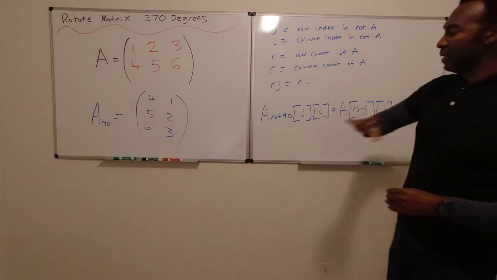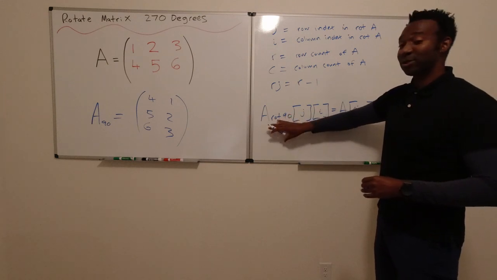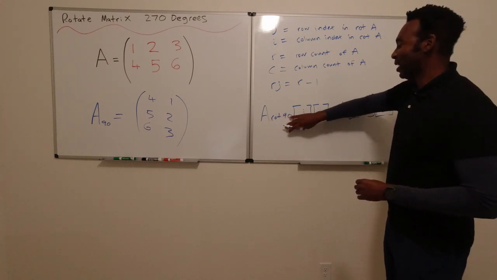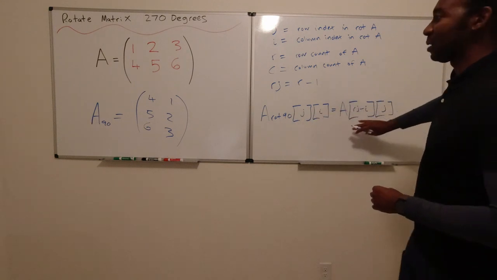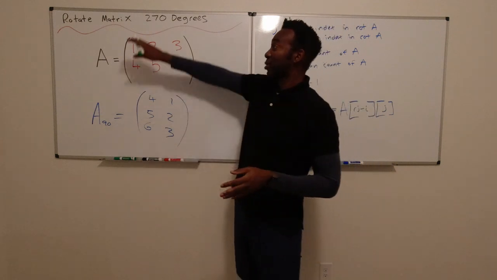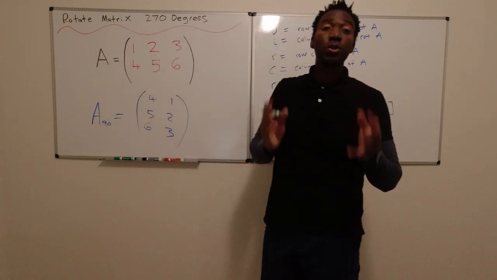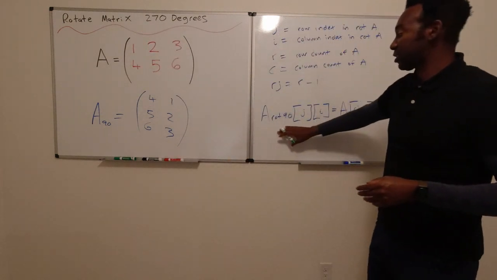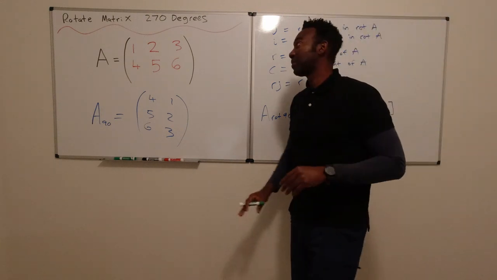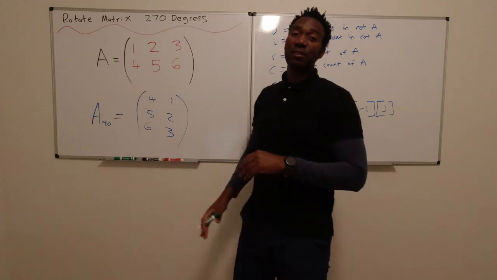So again, this is our magical relationship that we can use to link the rotation element to the element in the original. And then in order to get your rotation by 270 degrees, all you need to do is use this relationship here and then apply it 3 different times to obtain a 270 rotation.